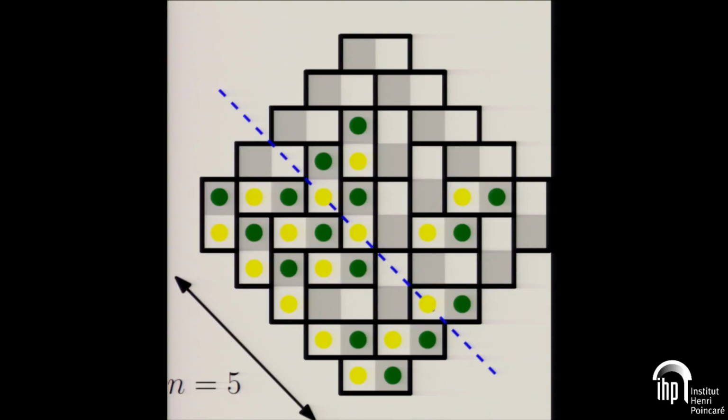OK, further is some particle system which is in correspondence to this domino tiling. So let me briefly remind you how this particle system is being constructed. For that, first you introduce the checkerboard coloring, as here. And then you distinguish not 2 types of dominoes, but actually 4 types of dominoes. So the difference is that if you look at the horizontal dominoes, then there is one which has gray on the left, and another one which has gray on the right.